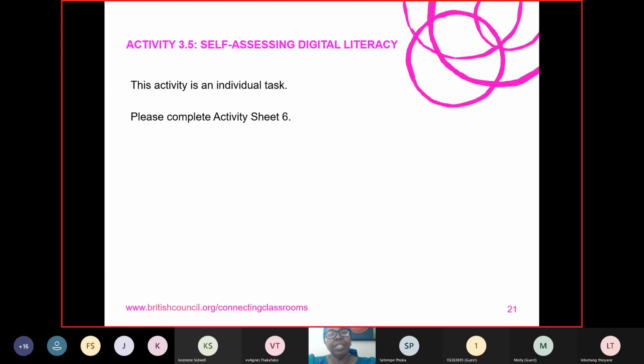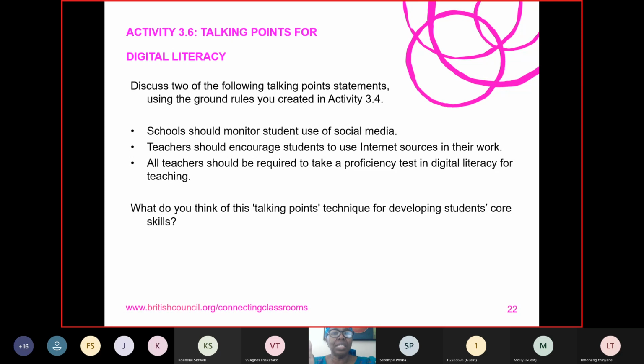Now that you have assessed yourselves in areas where you are 1, please sit down, because all those things are there to ensure that you implement digital literacy in your classrooms. Then there's an activity there.